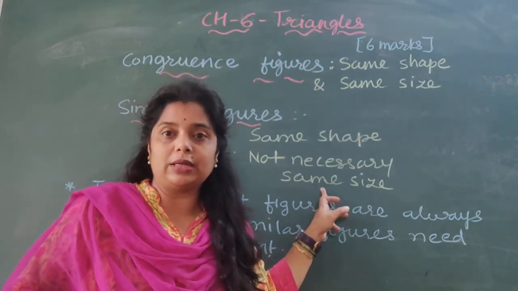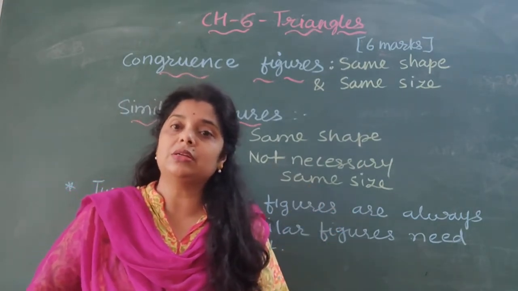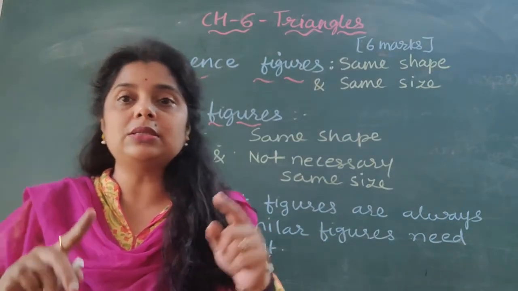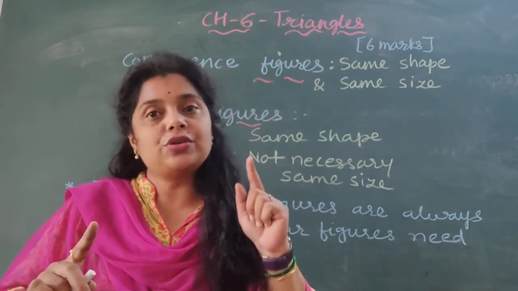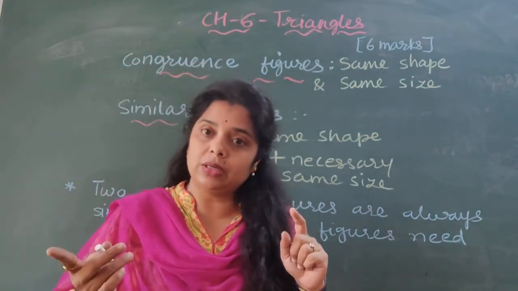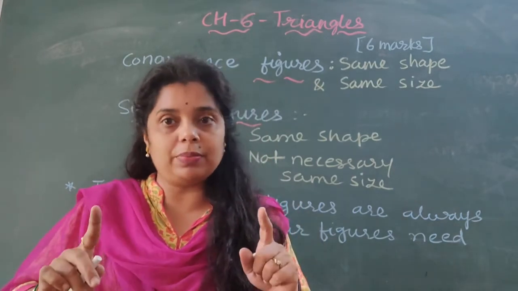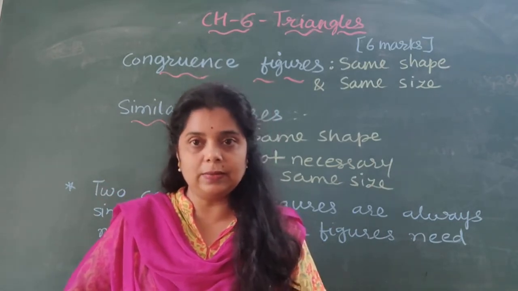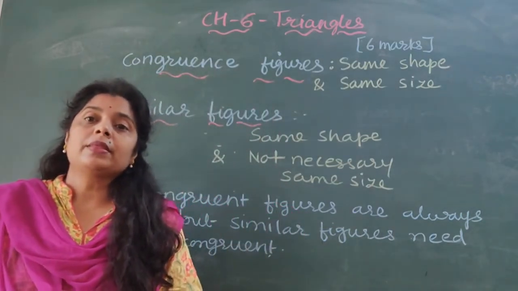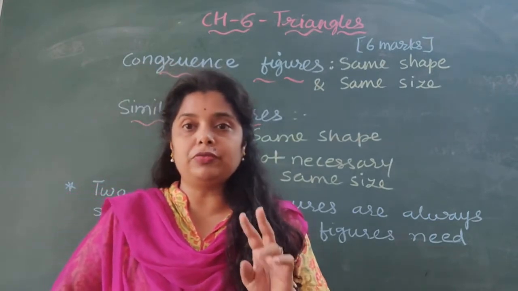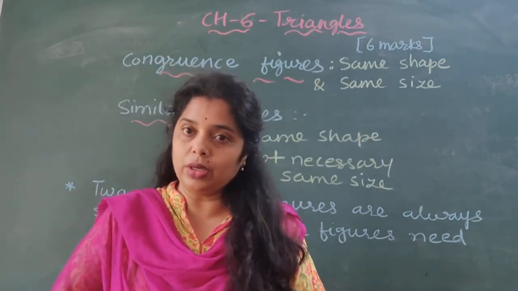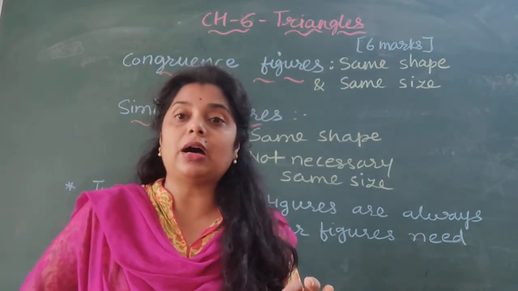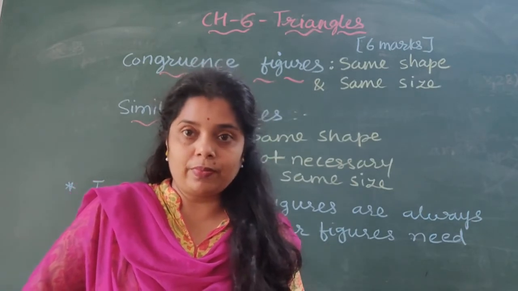Now I hope you get the idea what is the difference between the congruent figures and similar figures. Congruent figures mean same size, same shape, and in case of similar figures, same shape but not necessarily the same size. Is it clear? Okay. Now second thing, if two figures are congruent, then we can say that those figures are similar also. Listen carefully.